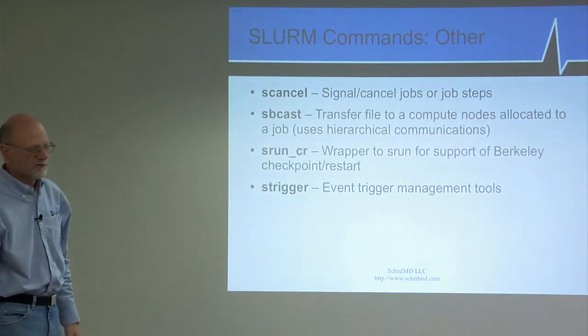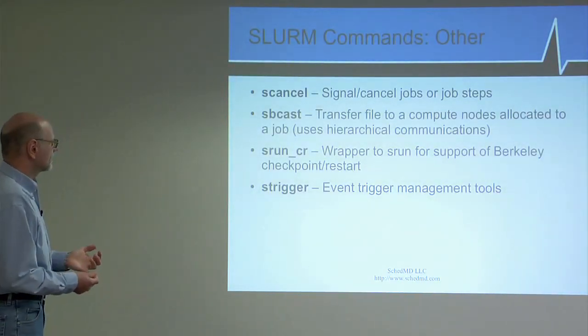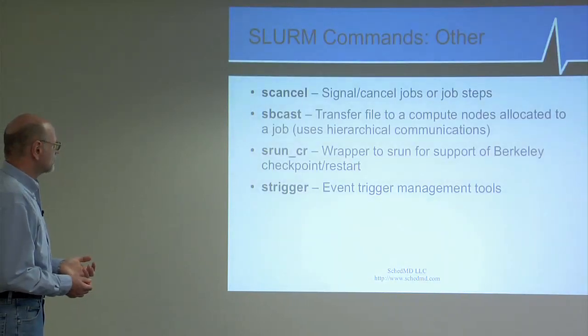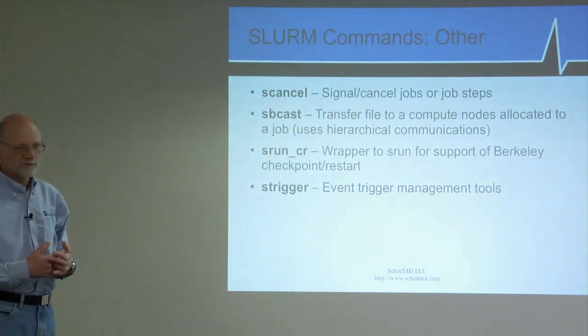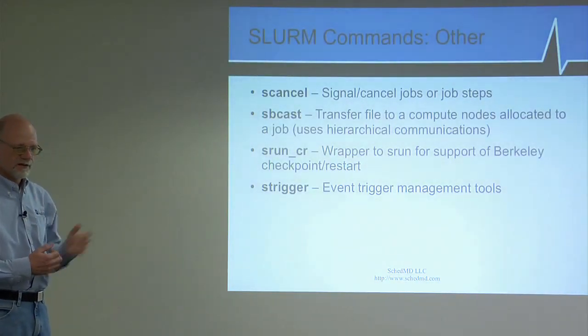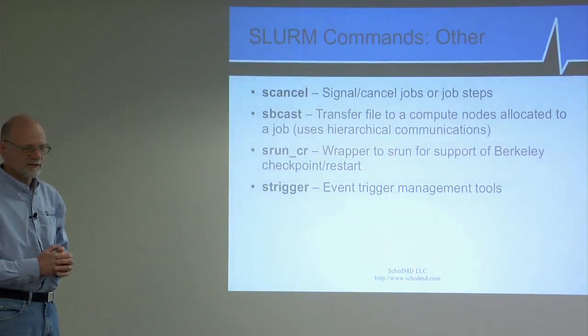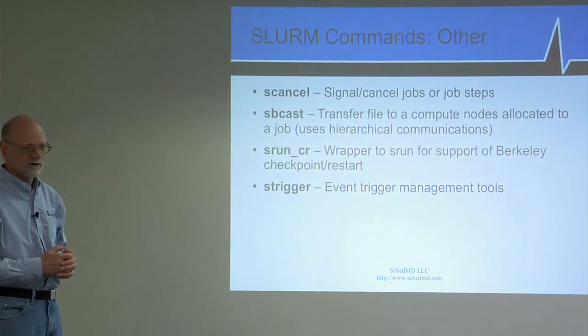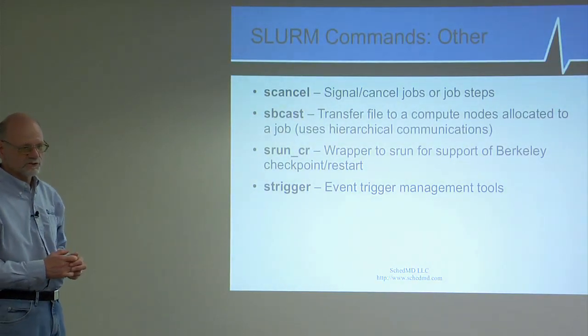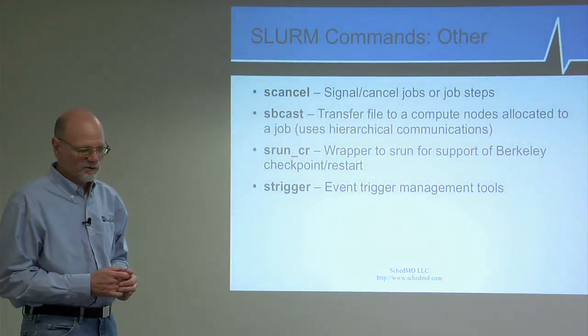A few of the other commands: scancel, which you can use to signal or cancel job steps. sbcast is a tool used to transfer files to the compute nodes, and that uses the hierarchical communications I already talked about. There's srun-cr, which is a wrapper for the srun command for support of the Berkeley checkpoint restart.